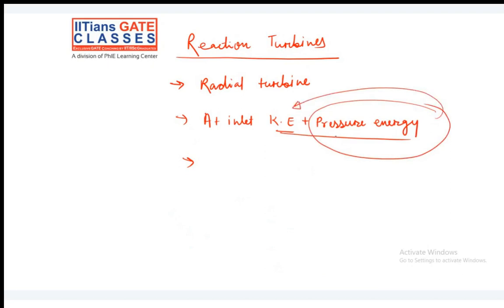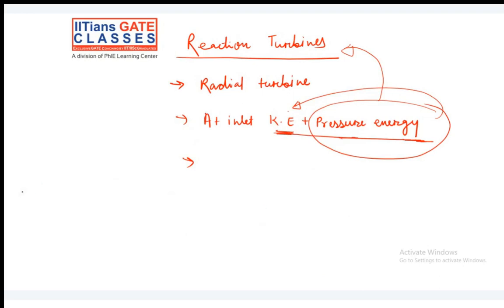Since we have both things at the inlet, kinetic and pressure energy, that is why it is called a reaction turbine, because due to the pressure energy changes, this pressure gets converted into kinetic energy, okay?